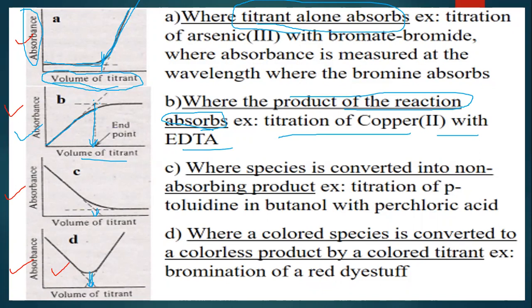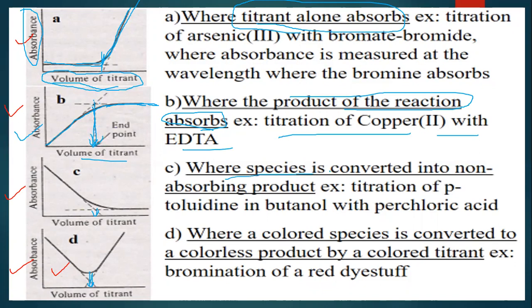Now only the titrant concentration is going to increase and the product concentration will remain constant. Concentration of product is not going to increase. Hence the absorbance will remain constant now, because the absorbing species is the product only. So from where you plot a line here, you will get the end point.